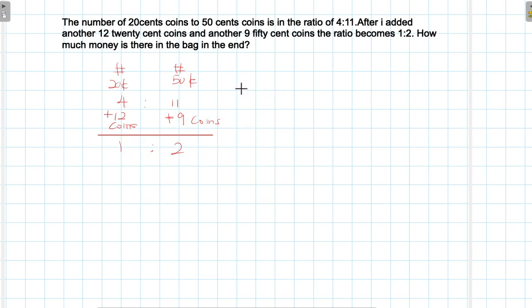So same, this time round ask yourself, anything the same? Here is not the same, here is not the same, correct or not? The number of 20-cent coins is not the same, when comparing the beginning and the end.